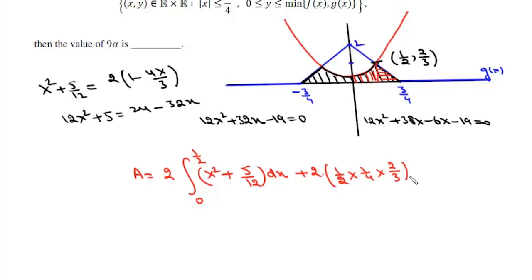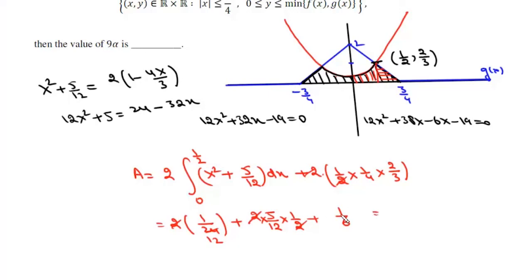Now this is 2 and this is x cube upon 3, and x cube upon 3 is 1 by 24 plus 2 into 5 by 12 into 1 by 2 plus, and this value is simply 1 by 6. Now this 2 and 2 will cancel, and this is also 1 by 12.